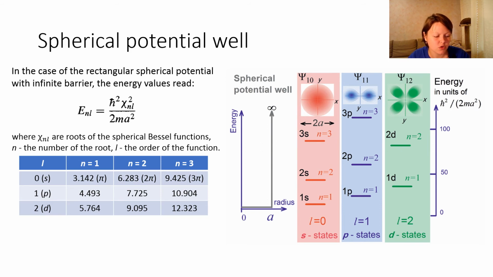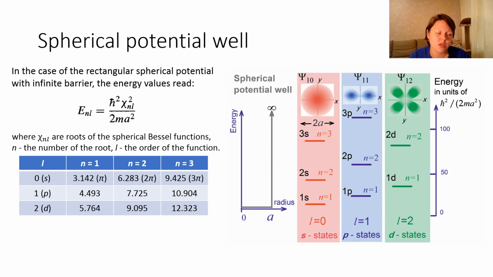When n is equal to unity, it corresponds to having no nodes. When n is equal to 2, it means that there is one single node. And when n is equal to 3, it gives rise to two nodes. L is equal to the number of nodes in the wave function as the polar angle varies between 0 and π.